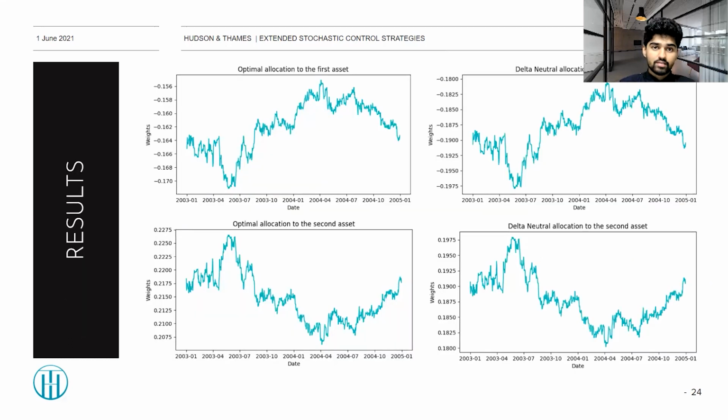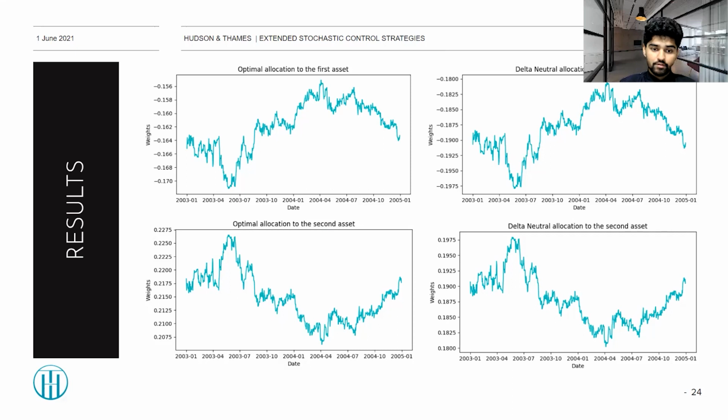Next, let's look at the results that we have obtained from using this model. On the left-hand side, we have the results for the optimal portfolio weights strategy. On the right-hand side, we have the results for the delta neutral portfolio weight strategy. One thing to note here is that the results are pretty similar to each other, except the y-axis values are different.